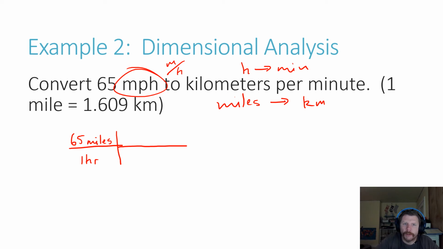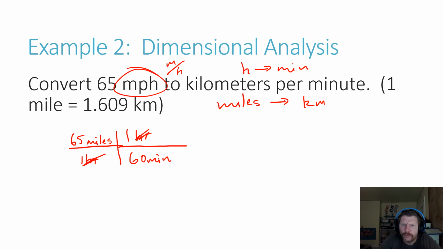So 1 hour is equal to 60 minutes. So what I need to do is put 1 hour over 60 minutes. Okay, so now what I've done is I've placed hours in the numerator so that I can get rid of hours in the denominator. Now what I've got, if I solved right here, I'd be solving for miles per minute, but that's not what I want. I want kilometers per minute.